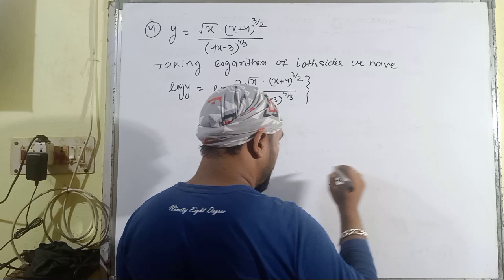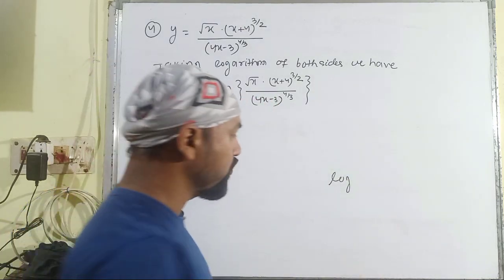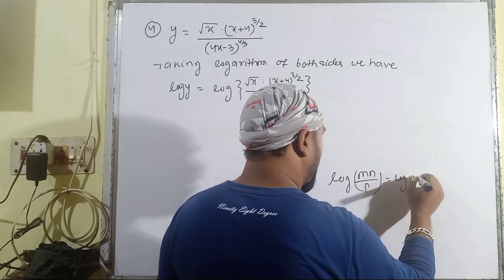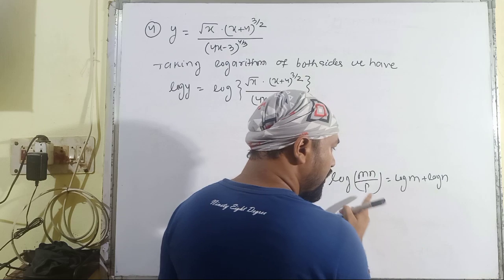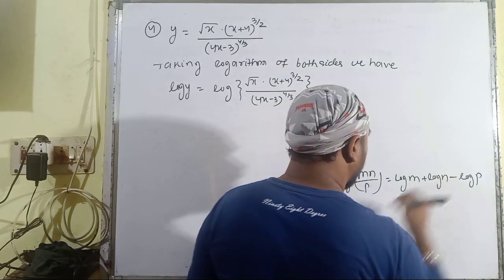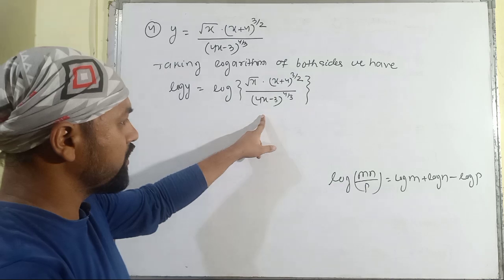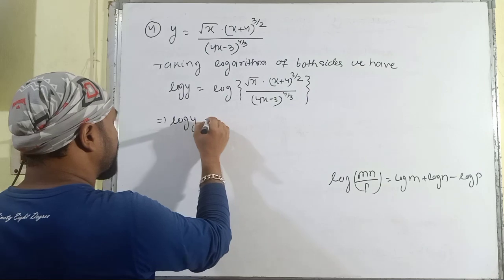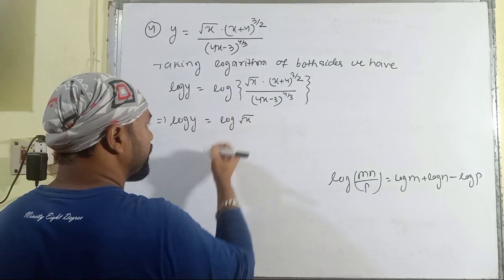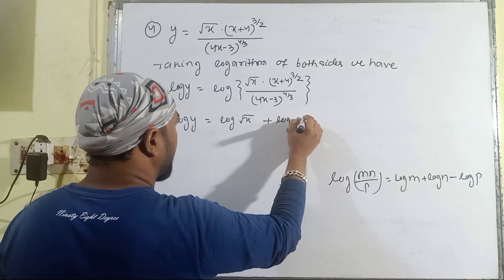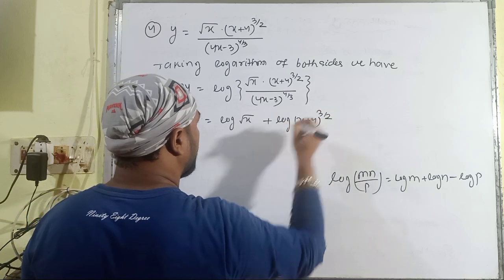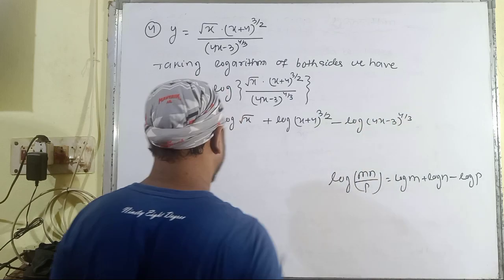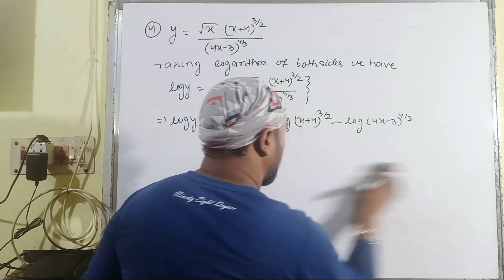Again, considering the properties of logarithm, log(mn/p) can be written as log m + log n - log p. You can see that this problem is totally based upon this property. So we can write log y is equal to log root x + log (x+4)^(3/2) - log (4x-3)^(4/3).